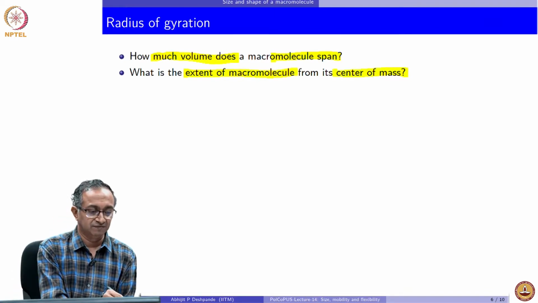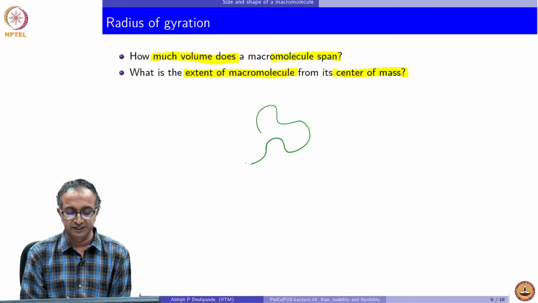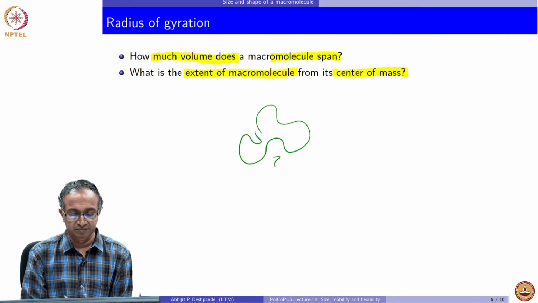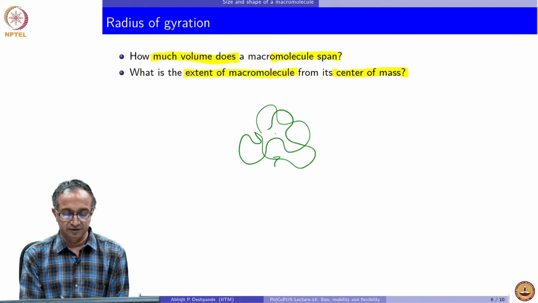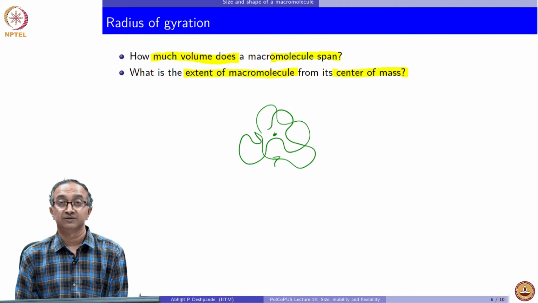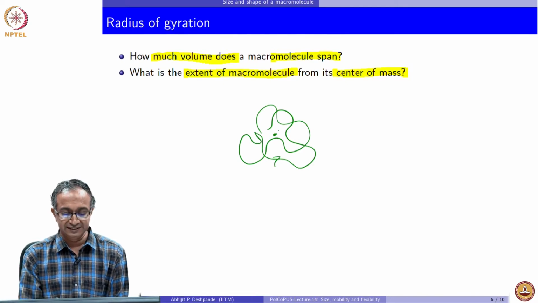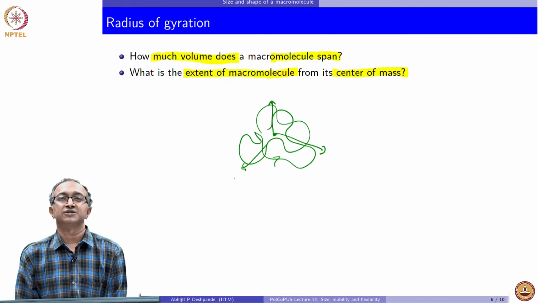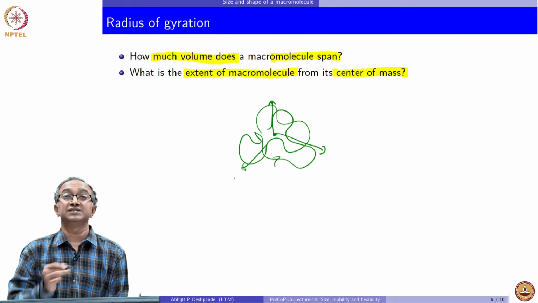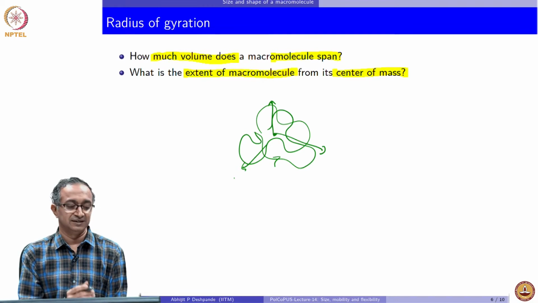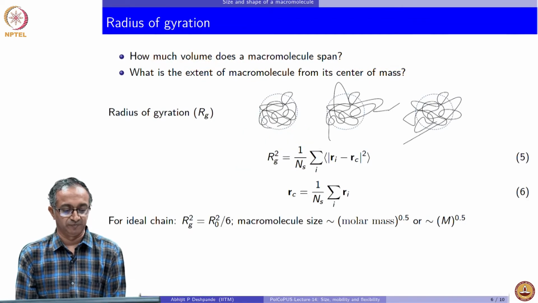So since we have a macromolecular chain and the mass is everywhere, we can calculate the center of mass of this polymer and then ask, what is the distance of different parts of the macromolecule compared to this, and what is the average distance. And that idea is encapsulated in radius of gyration.